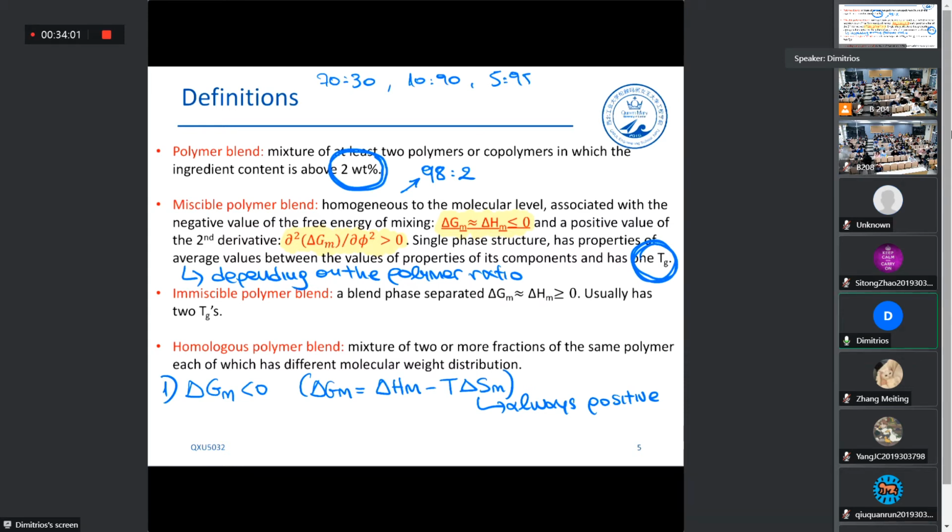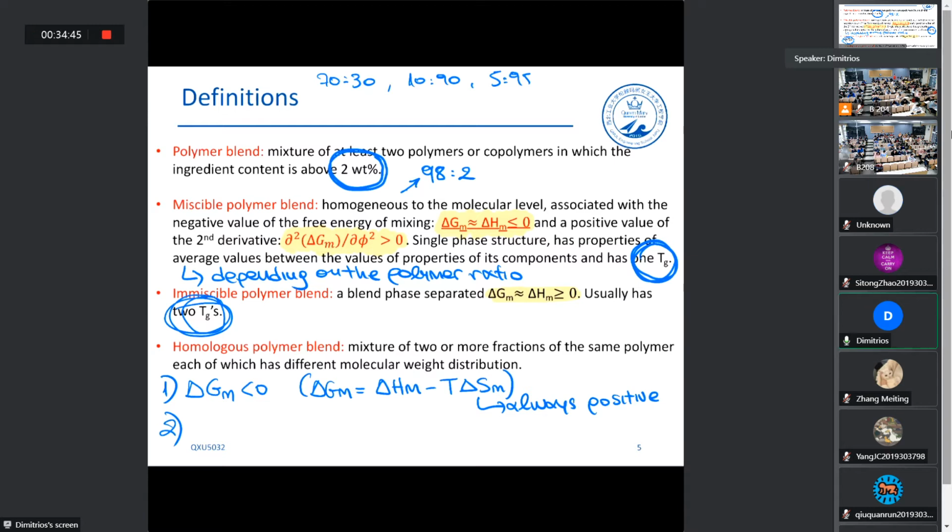And we also very briefly saw the Flory-Fox equation, which essentially provides the glass transition of a miscible polymer blend, and it is dependent on the weight fractions and the glass transitions of the two polymers. Okay. Now, for the case of immiscible polymer blends, where the two polymers don't like each other and they don't mix, okay? So we have a phase-separated blend. In this case, the Gibbs free energy is positive, okay? And in this case, we observe 2 Tgs.